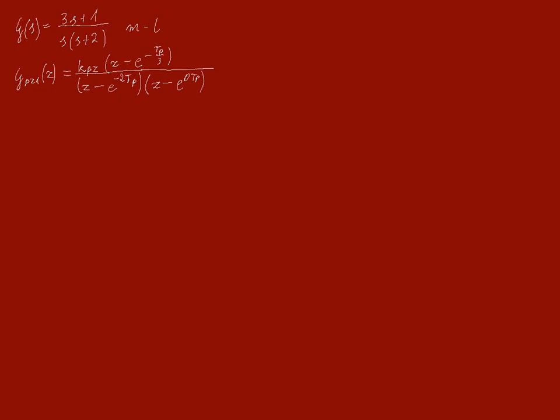That is, the difference in degrees of denominator and numerator, which here is 1. So we have to add 1 zero exactly at minus 1. Our discrete time transfer function is almost ready. We just need to calculate the gain.